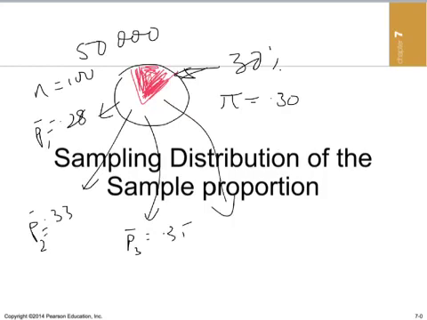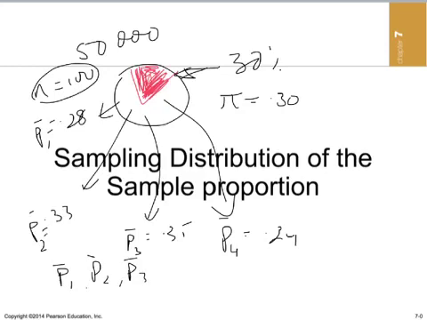If I take another sample of 100, it could be 24%. So you could see here that taking sample sizes of 100 and then generating the sample proportions, if I compile them all together, P bar 1, P bar 2, P bar 3, P bar M, all the possible values that I could get, we now have a distribution.